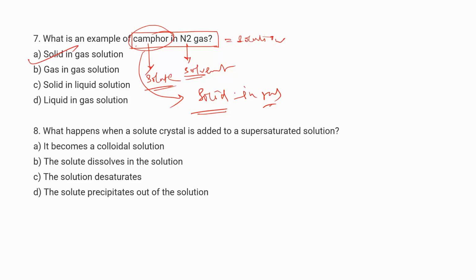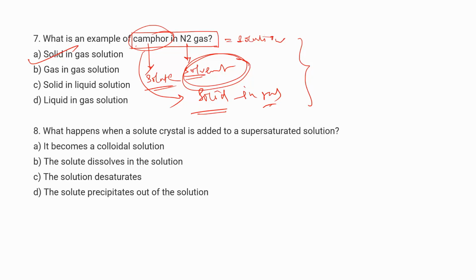And also we already know that the volume of the solvent is always greater than the solute. So here the volume of the nitrogen gas is high, so nitrogen gas acts as a solvent and the camphor acts as a solute, and the camphor is a solid, so the answer will be the solid in gas solution.